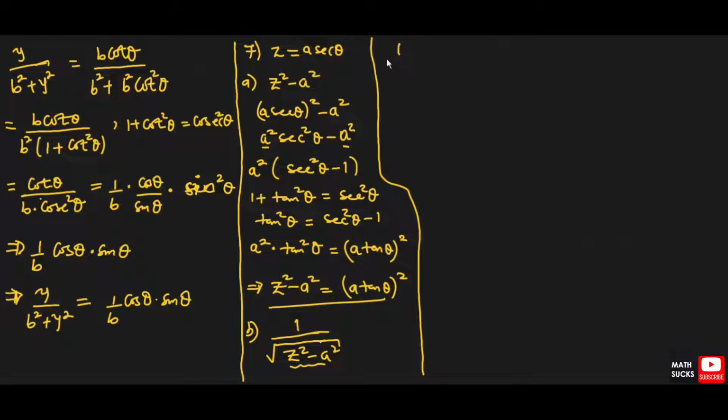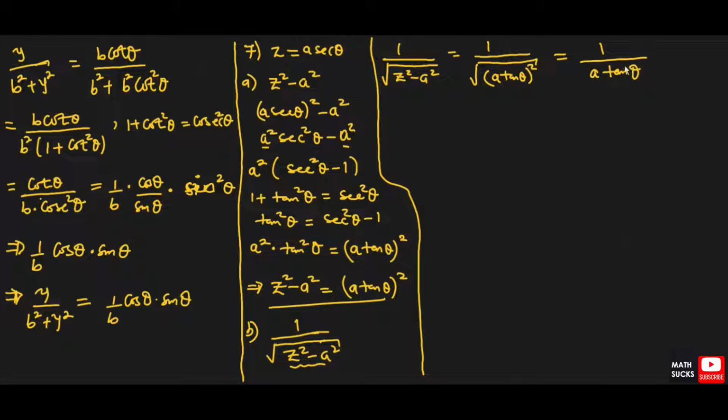So I would say 1 over the square root of z squared minus a squared is the same as 1 over the square root of the answer borrowed from here, which is just a tan of theta, everything squared. And so this can be further simplified, the square root can go with the square, and so we have a tan of theta.